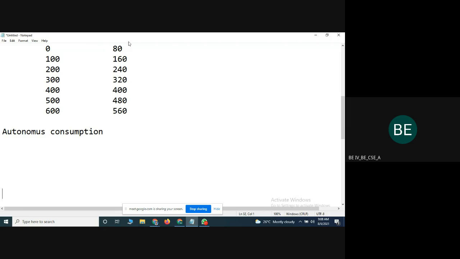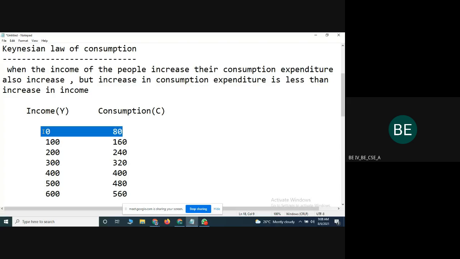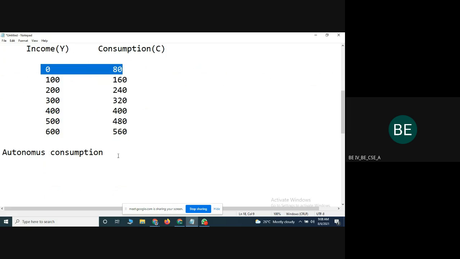Even though they don't have money in their hand, they are ready to spend a certain amount in order to survive in the real world. This is called autonomous consumption.